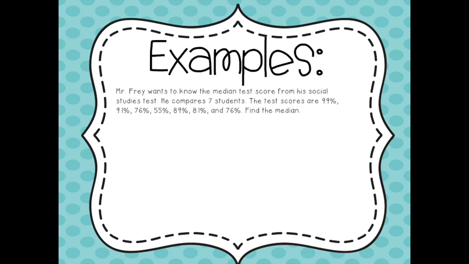Hopefully you answered, put the numbers in order from least to greatest. I'll give you a minute to do that now. Hopefully what you got was 55, 76, 76, 81, 89, 91, and 99.